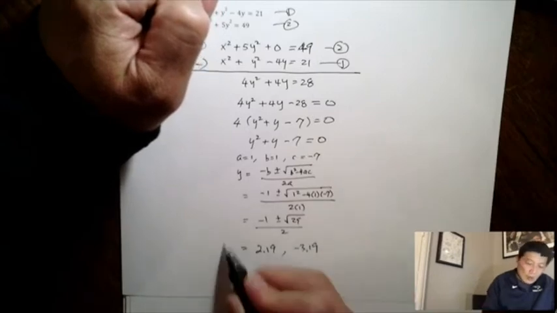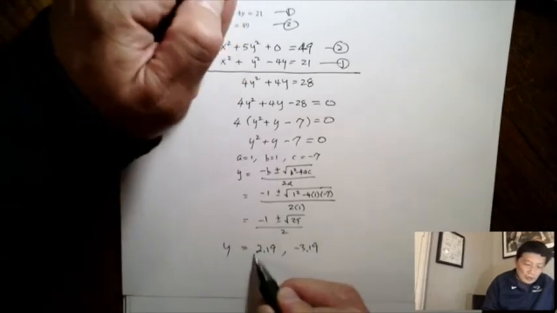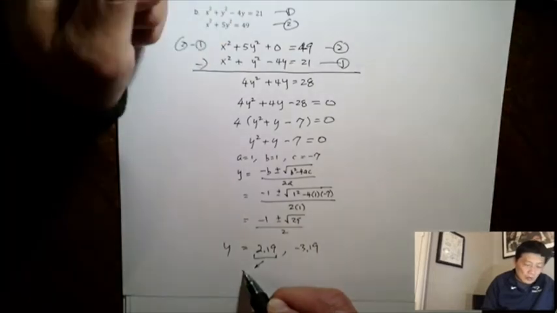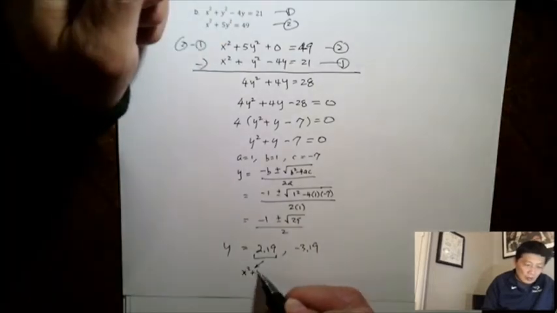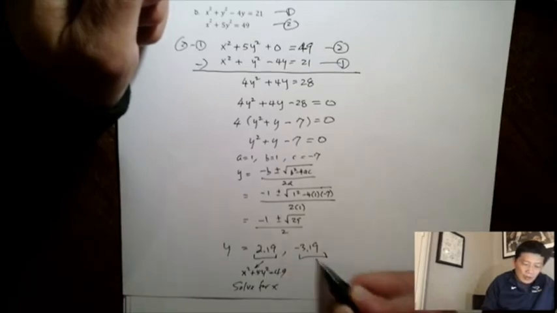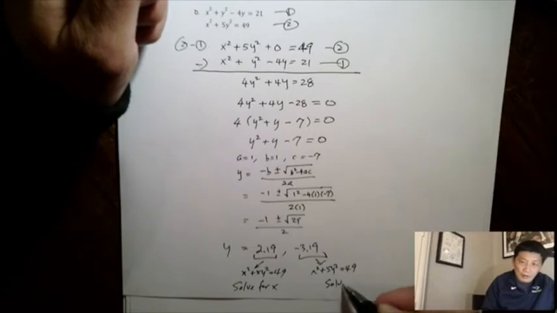So you have y is equal to these two numbers, and then you take each number and plug it into one of the equations, x squared plus 5y squared equal to 49, and solve for x. And you do the same for the other: put it into the equation and solve for x.